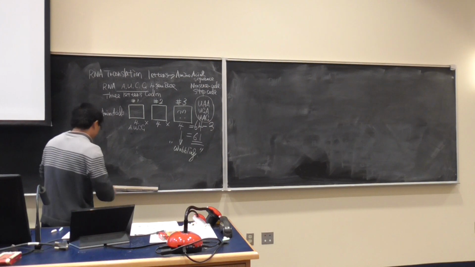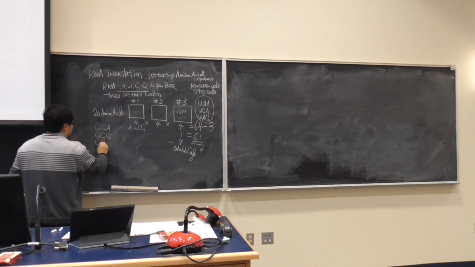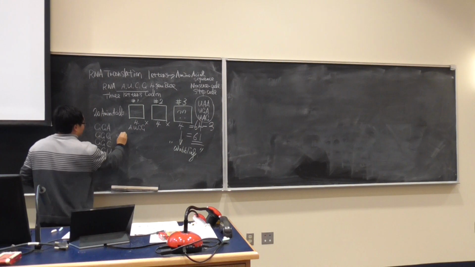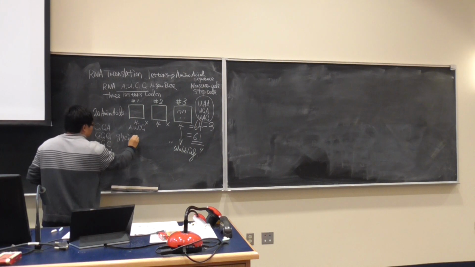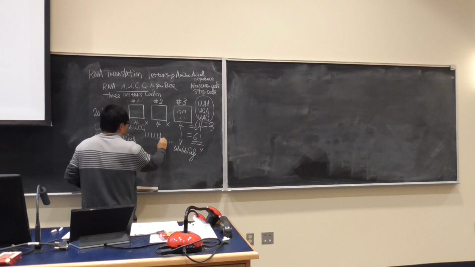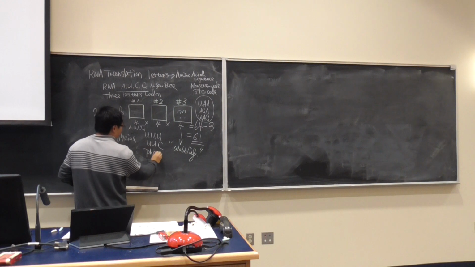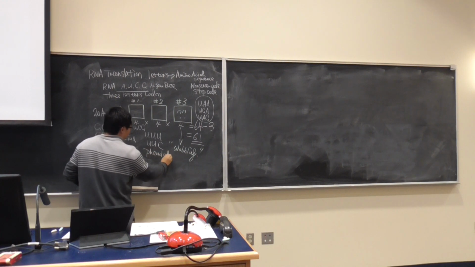So, let me give you an example. GGA, GGG, GGC, GGU, they are all for glycine. And UUU, UUC, they are all for phenylalanine.